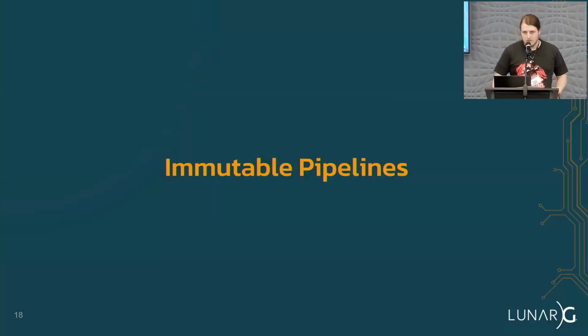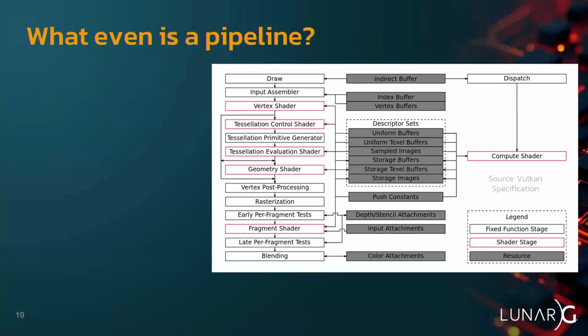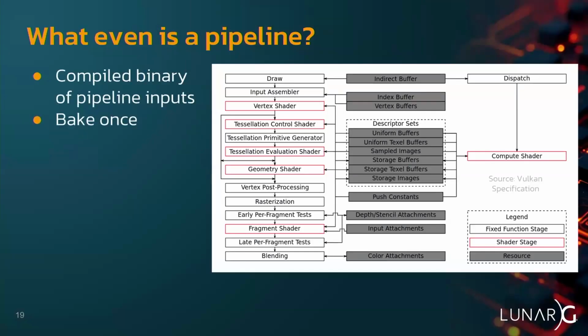So, what is a good example of a 1.0 type problem? Well, it'd be immutable pipelines, monolithic pipelines, where you take your compiled binary of inputs and you bake it once, but you have to costly do that ahead of time, which okay, well, you only have to do it once, right? You can amortize that.